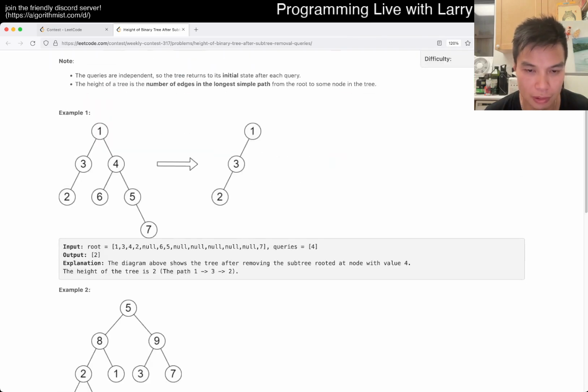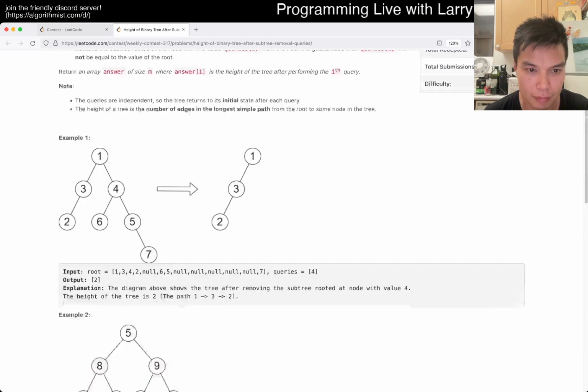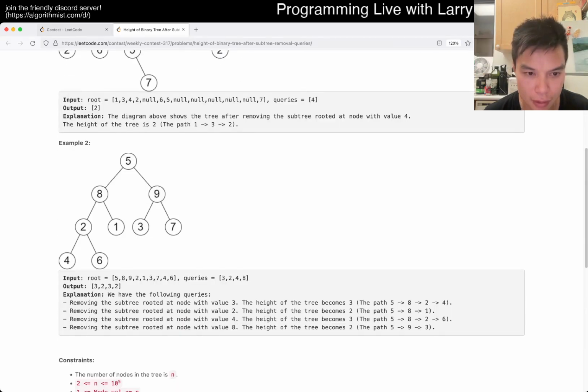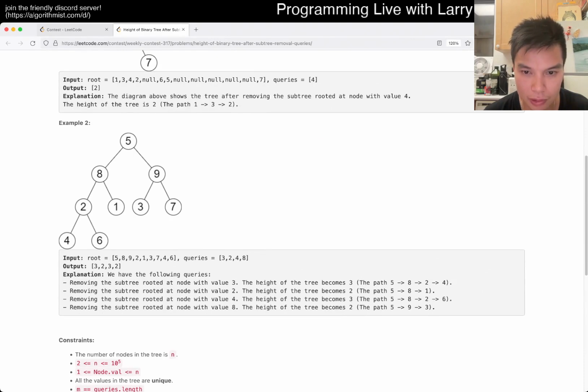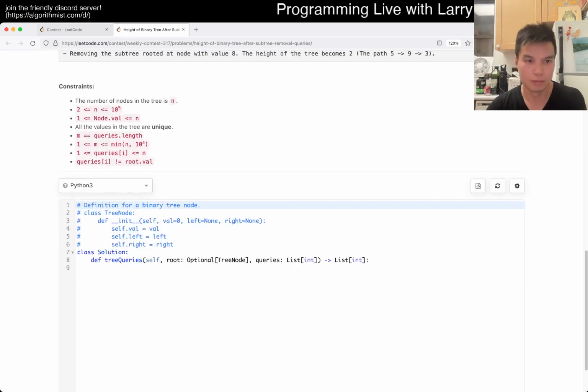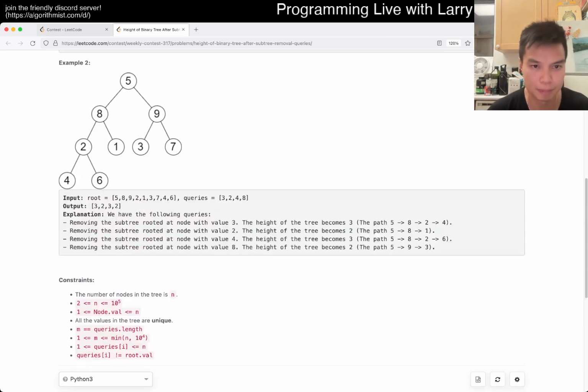So remove the 4 and there's 2. Okay. Tree rooted at 3. How many queries do we have?